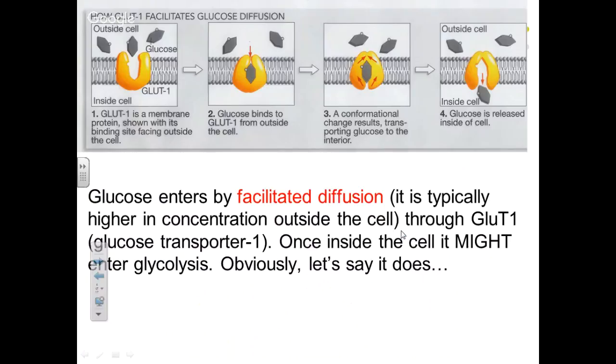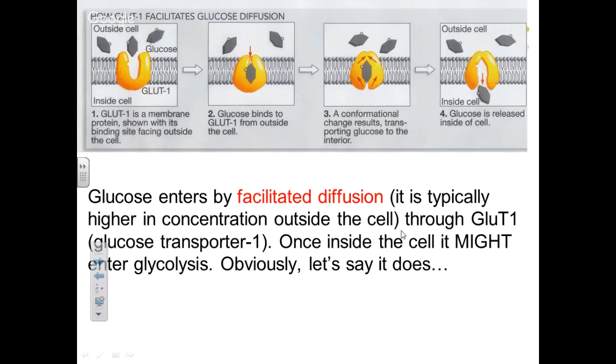Is it facilitated diffusion where it uses the phosphate? That's active transport. Facilitated diffusion: a facilitator is someone who helps. Diffusion is down a gradient. So this protein doesn't require anything to move it.